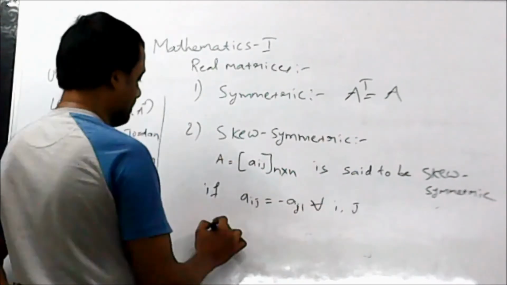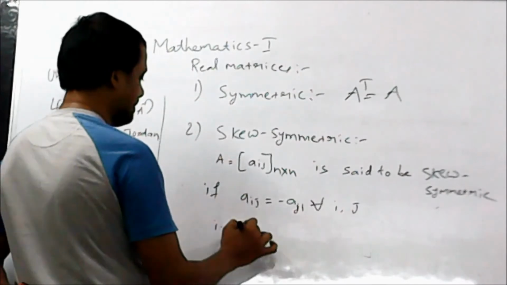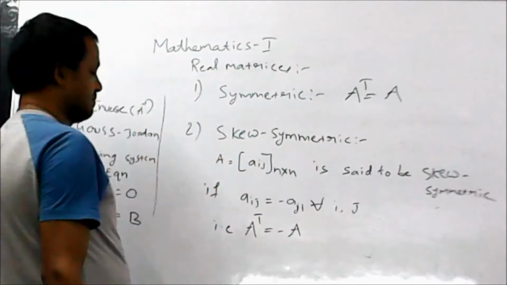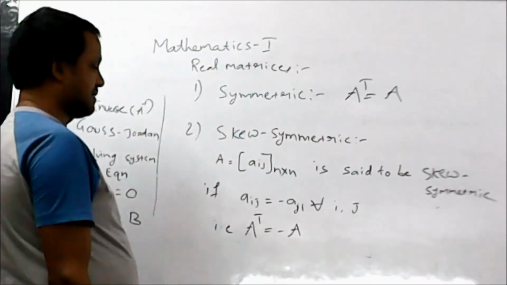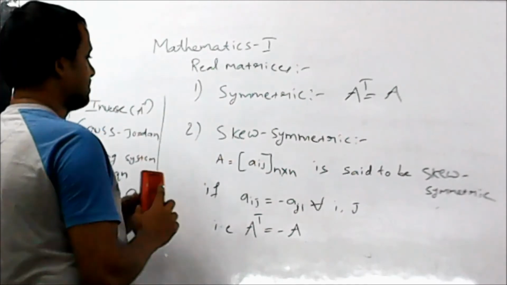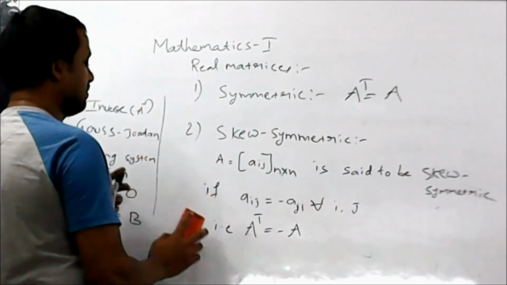In a simple way we can represent that as A transpose is equal to minus A. Right? So this is called a skew symmetric matrix. A transpose equal to minus A.